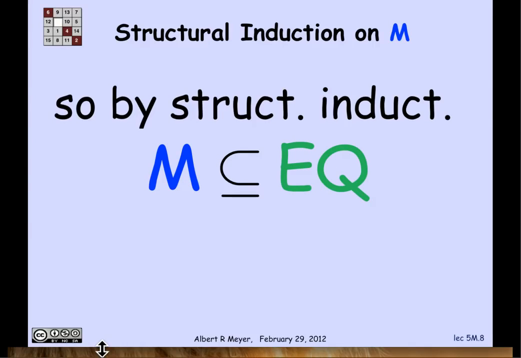Well, those were pretty easy structural inductions, and as with regular induction proofs, when you get the right induction hypothesis, the proofs tend to be easy. And we are going to work on an interesting example having to do with the F18 functions.